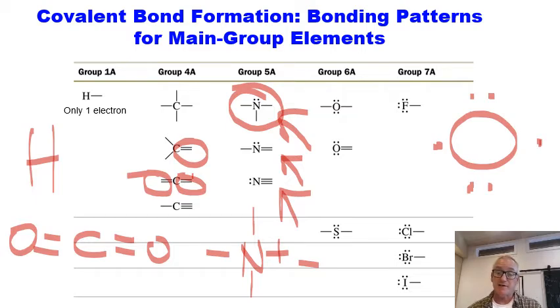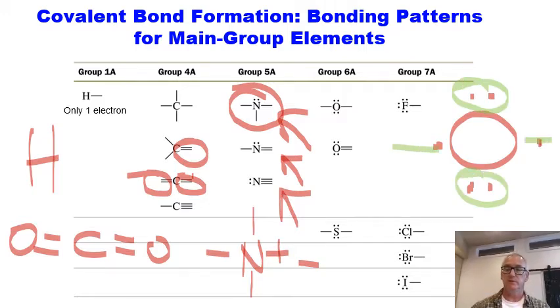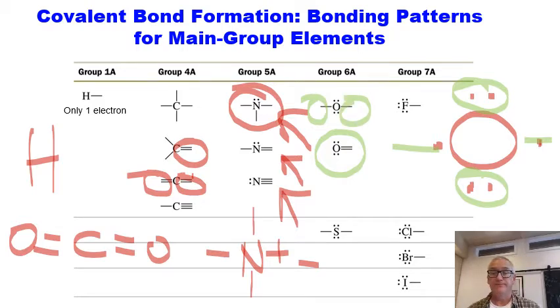Notice that now that I have 6 electrons, I have 2 pairs. This one is paired, these 2 are paired, and it makes 2 bonds. So oxygen can either make 1 double bond, like it does here, by sharing both those electrons, or it forms 2 single bonds, 1 on one side and 1 on the other, like water.